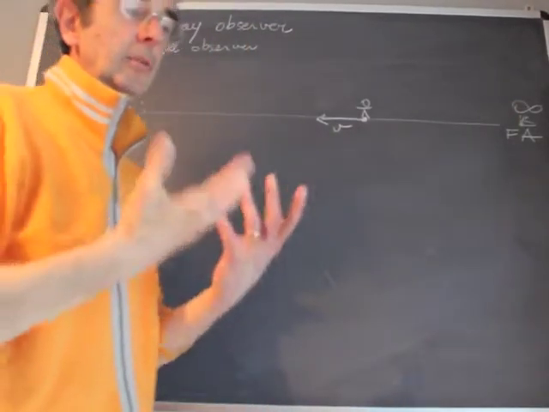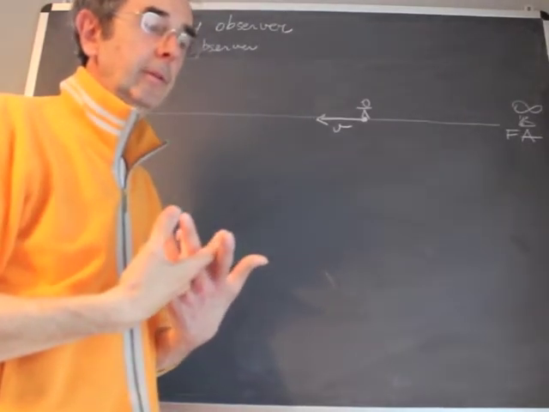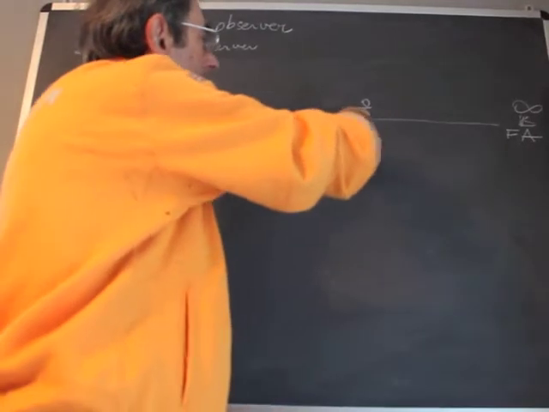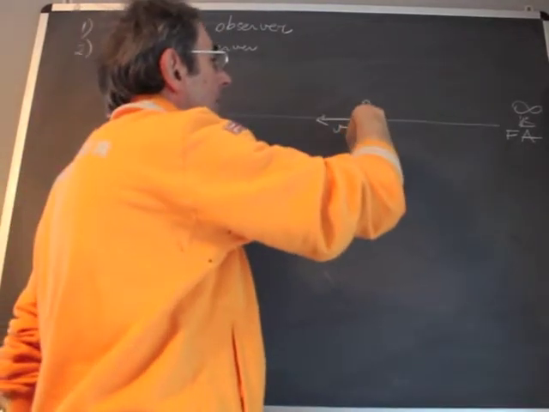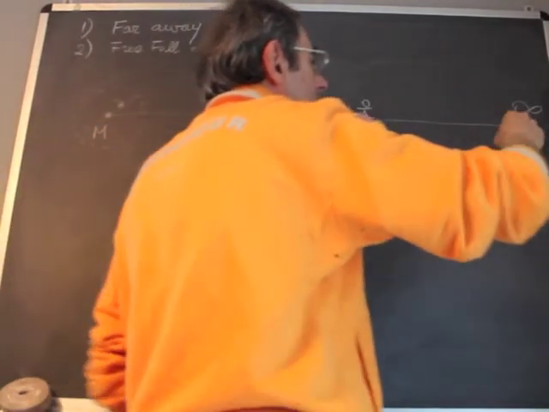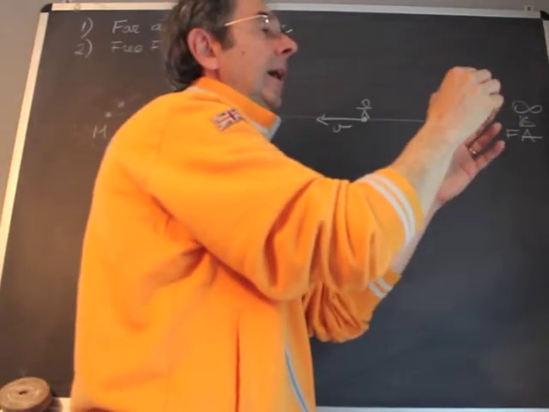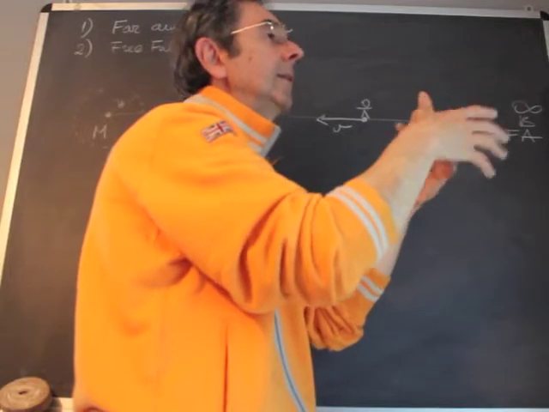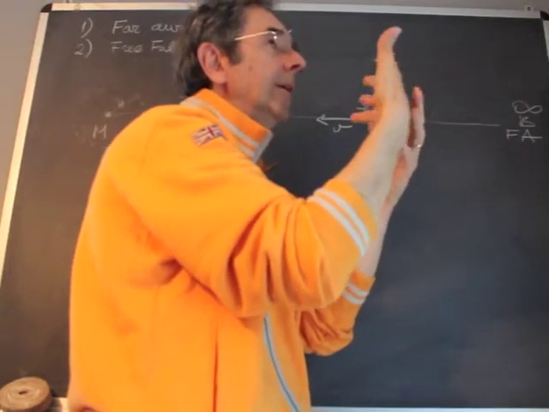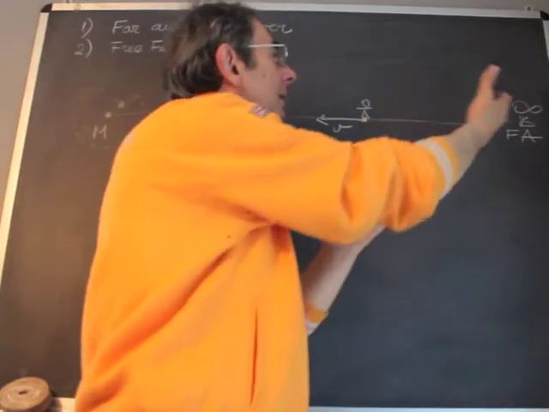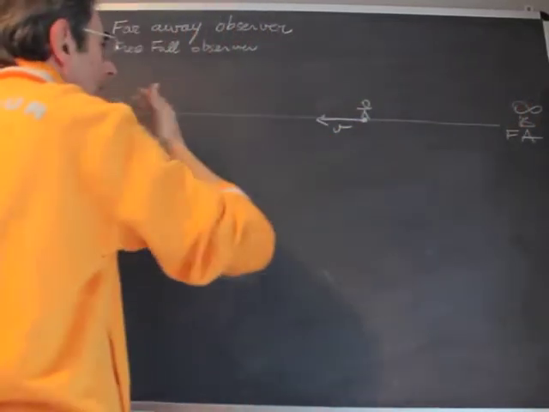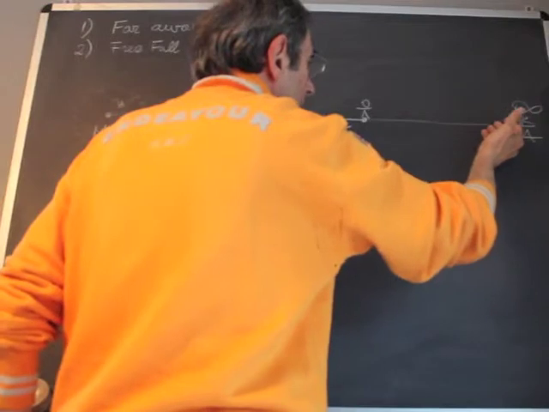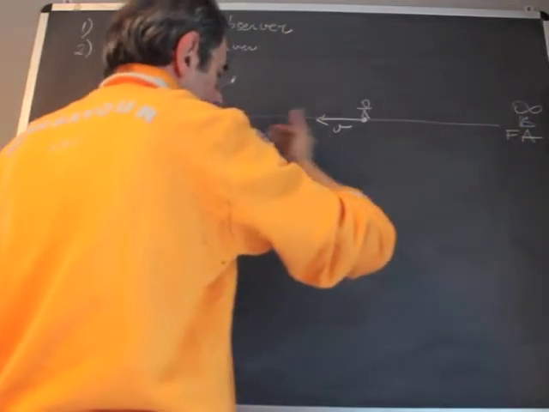What does that mean? It means that suppose this man here is on board a spaceship, at rest, and suddenly, but slowly, he starts to feel the gravity from the black hole, so the initial velocity is zero and he starts to fall down like that.